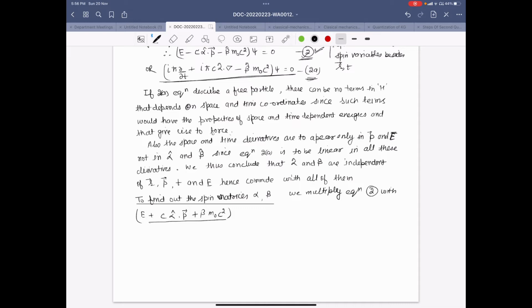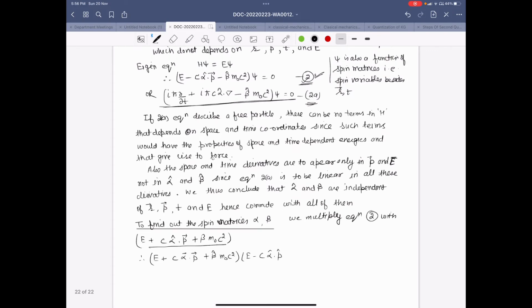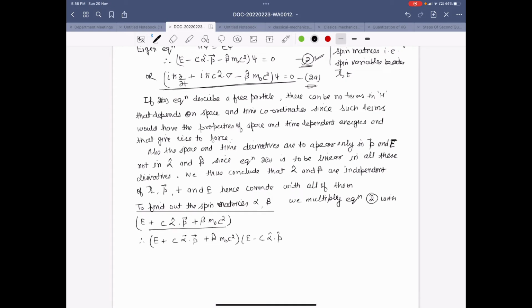So this will be E plus C alpha P plus beta M naught C square, E minus C alpha P minus beta M naught C square, and that is psi is equal to 0.